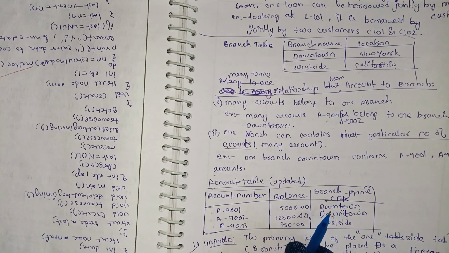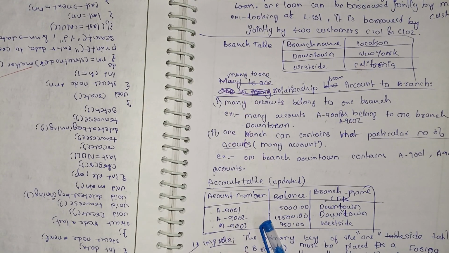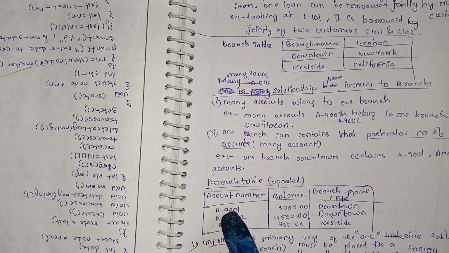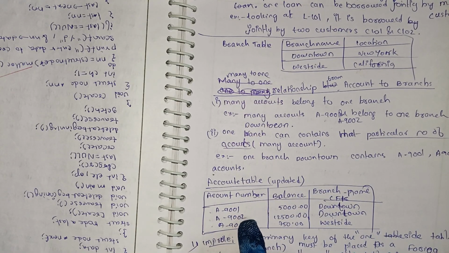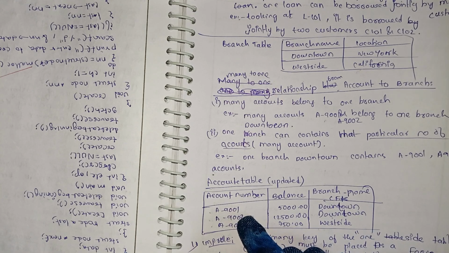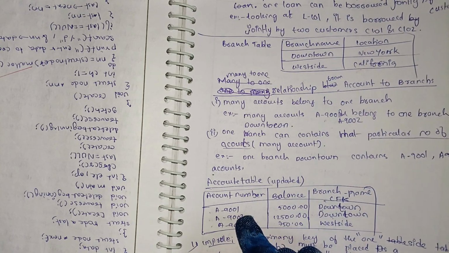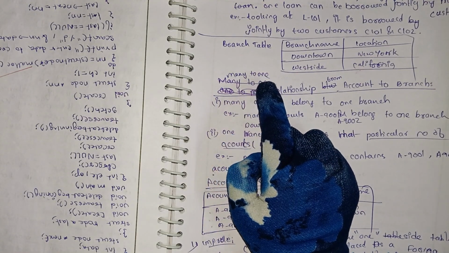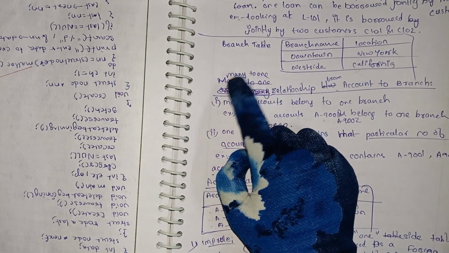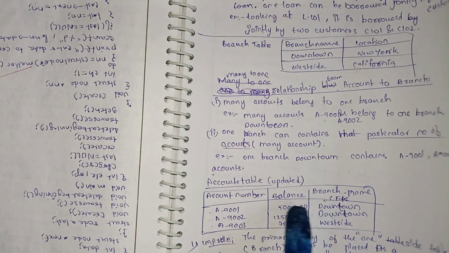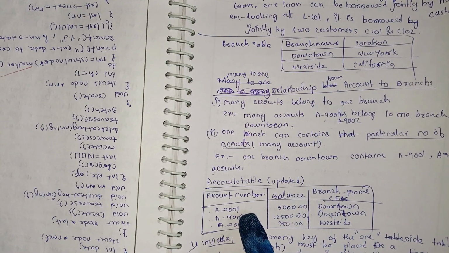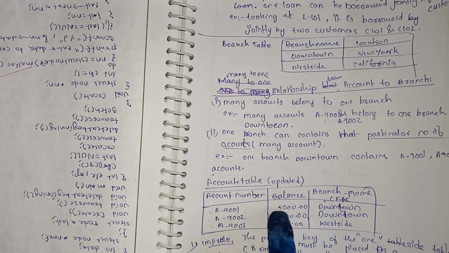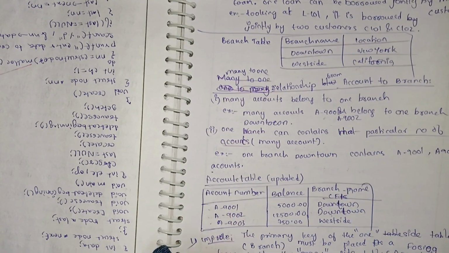So we derived a statement from left side to right side, that is one to many: one branch name contains multiple account numbers.